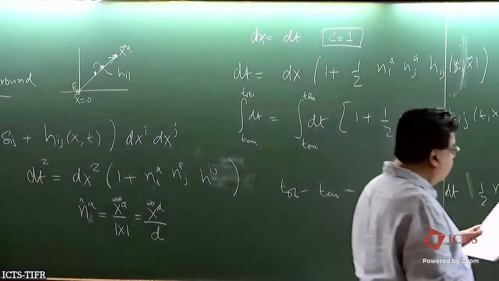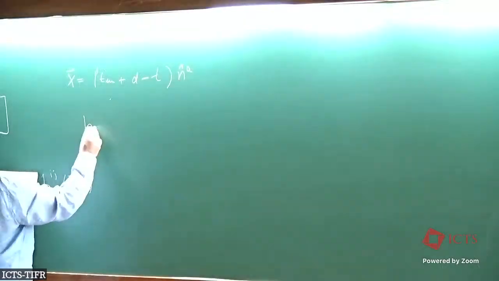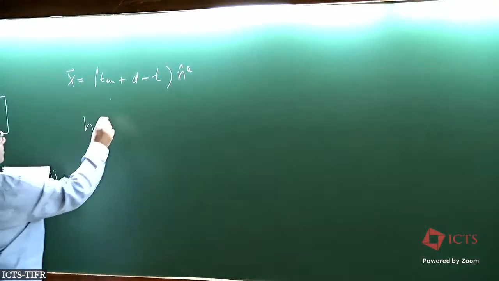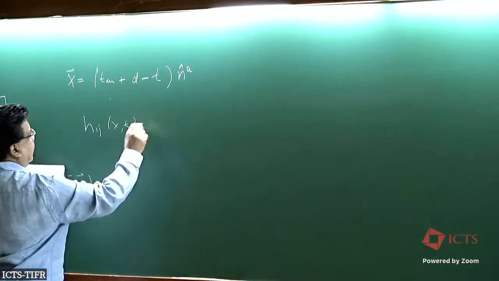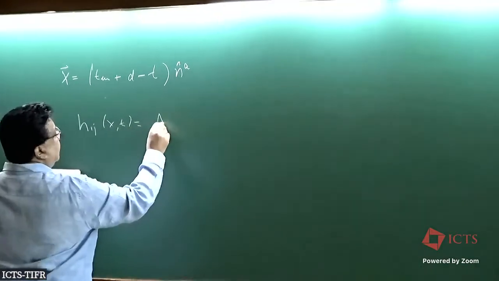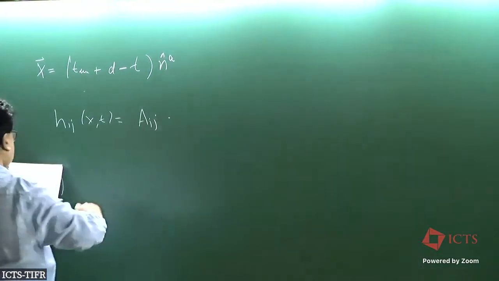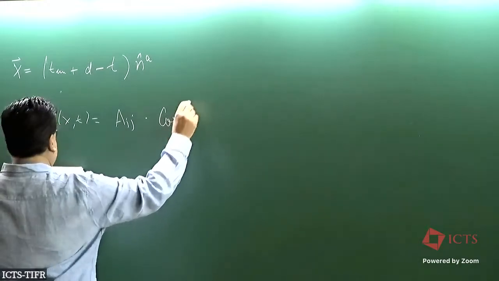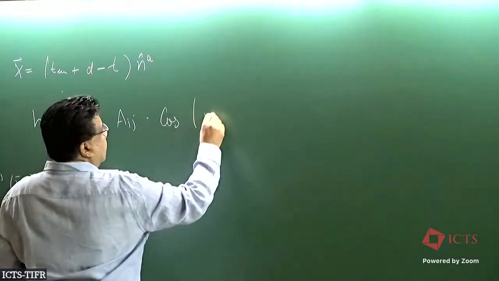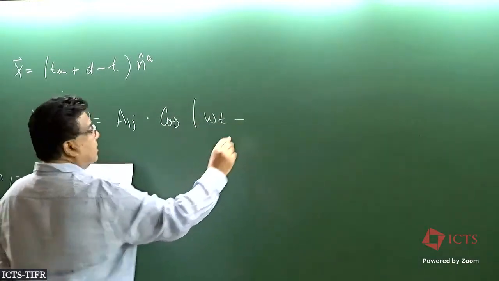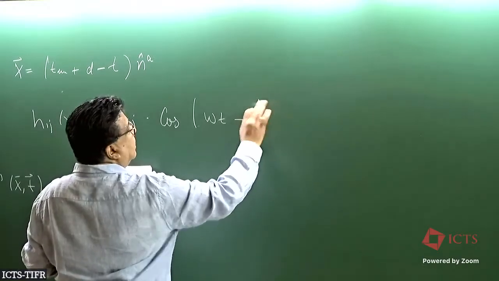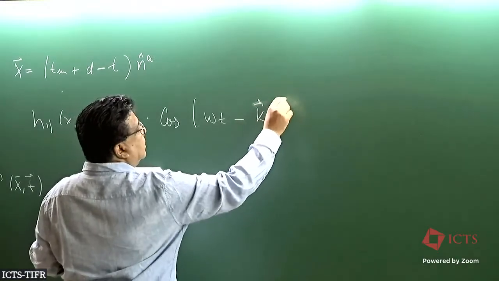So now let's take a form of the gravitational wave. This will be Aij cosine omega t minus kx.